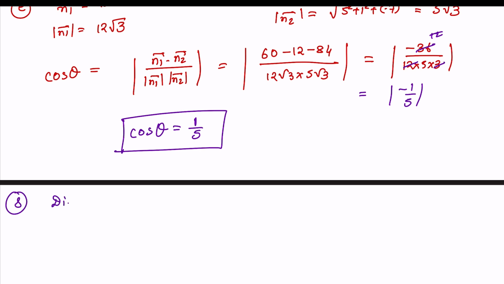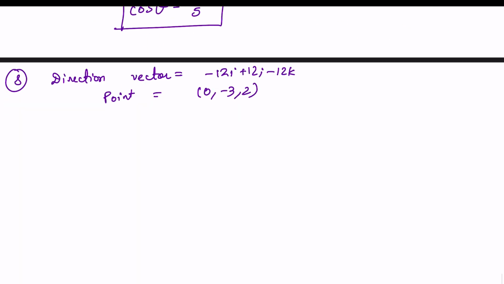So for L, the direction vector would be the vector perpendicular to plane pi 1, which is minus 12i plus 12j minus 12k. The point E is (0, minus 3, 2). So the equation of L: (x minus 0) by minus 12 equals (y plus 3) by 12 equals (z minus 2) by 12. Negative 12, sorry.